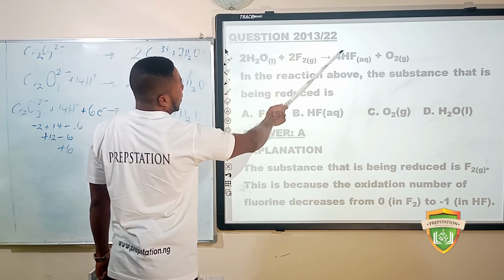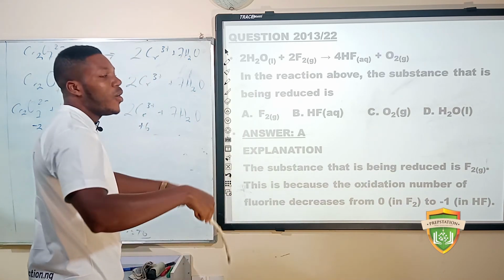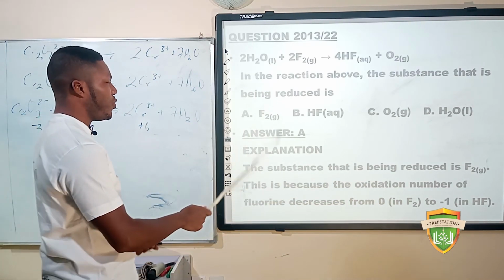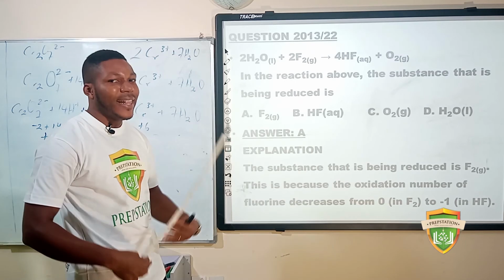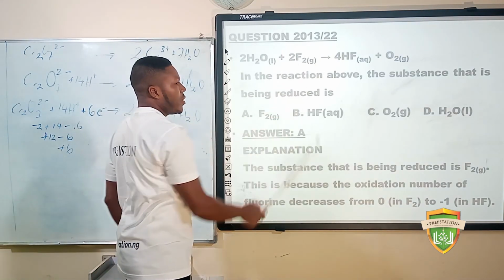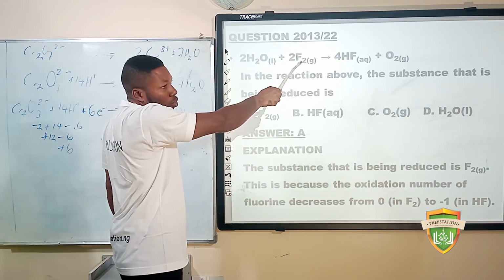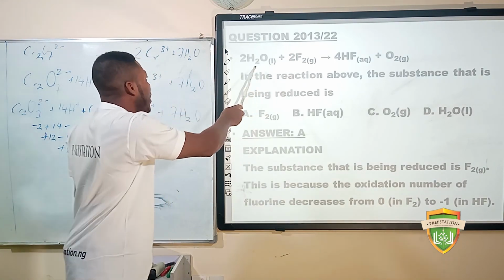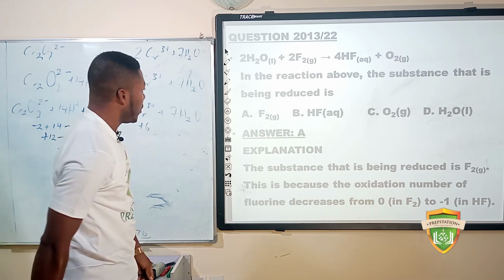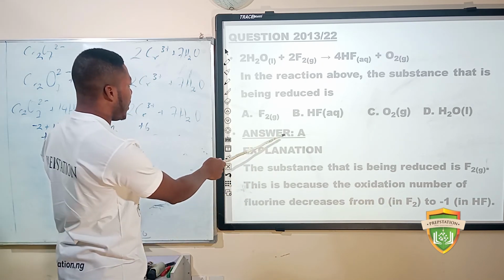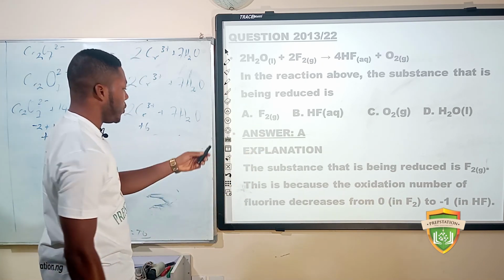So from 0 to minus 1 is what? Is oxidation. Sorry, is reduction. It means that it gained electron. 0 to minus 1, reduction, gain of electron. So F2 here is reduced. All right? While SO2 is oxidized. So the answer there is A. F2 is reduced.